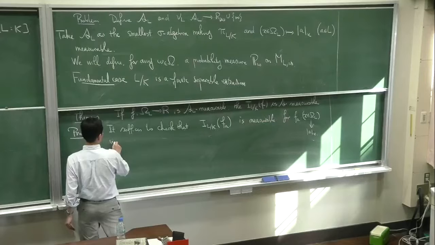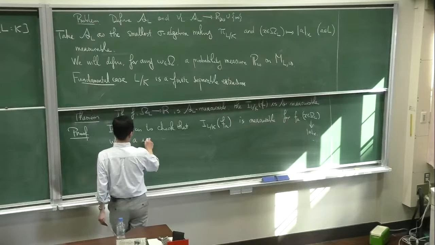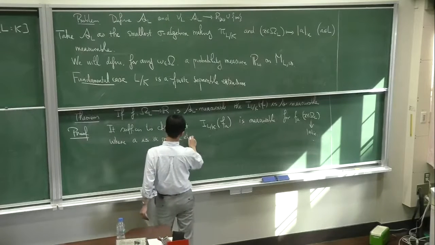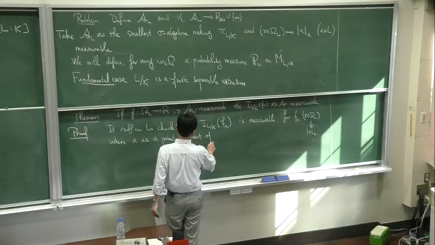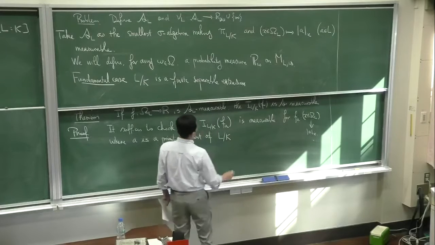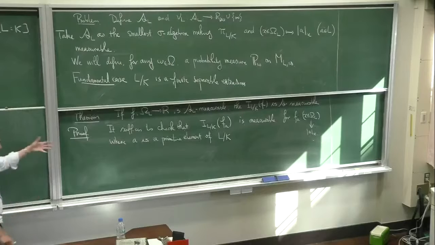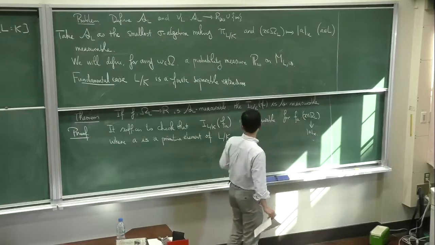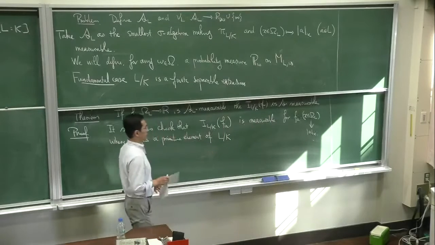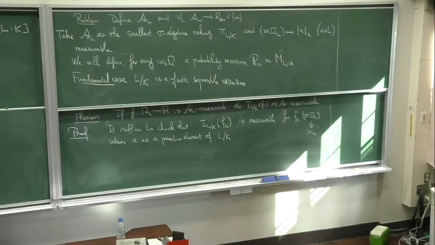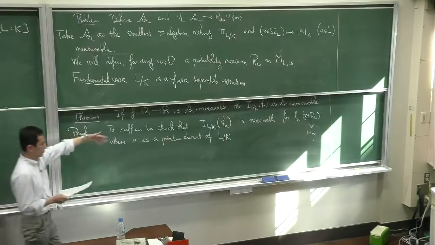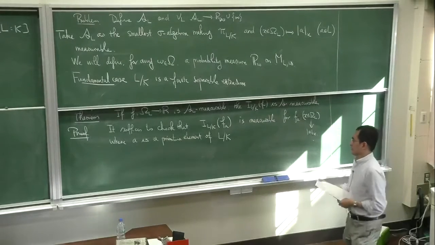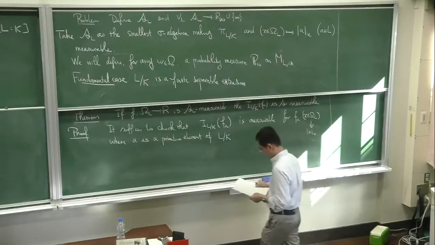And we can also suppose that a is a primitive element of the finite separable extension L over K. So in theory, you need to check the measurability for every a element of L. But with some effort, you can show that you can reduce the problem to only consider primitive elements.